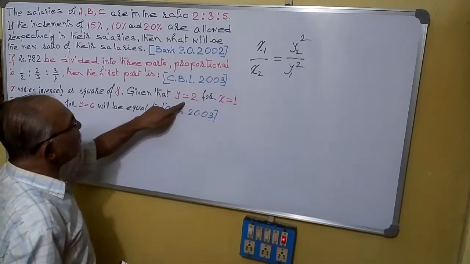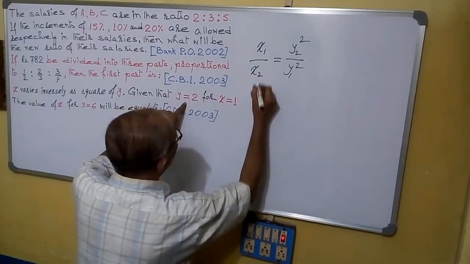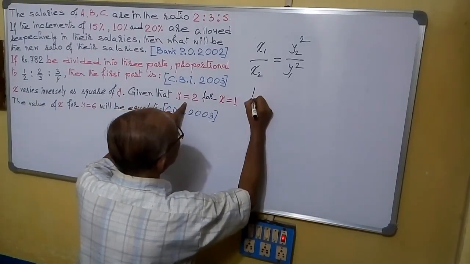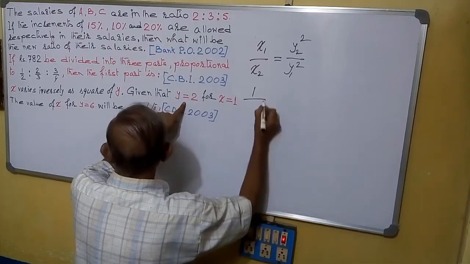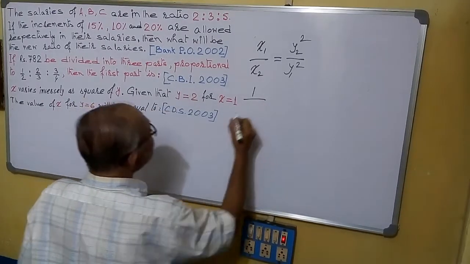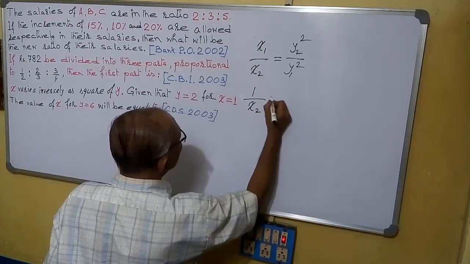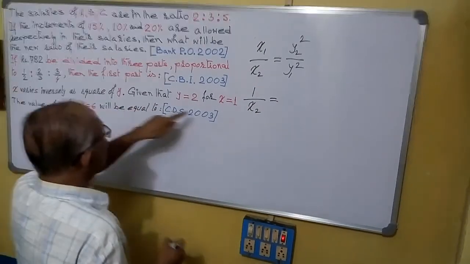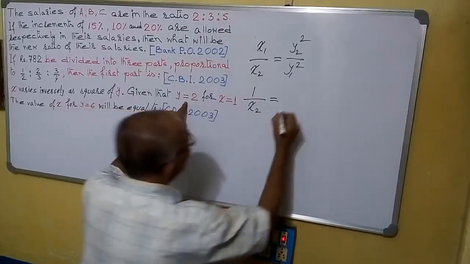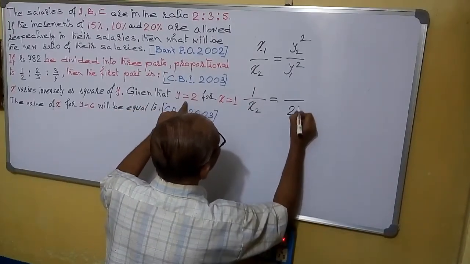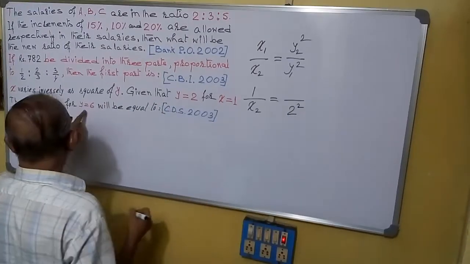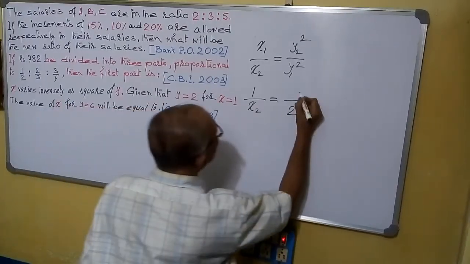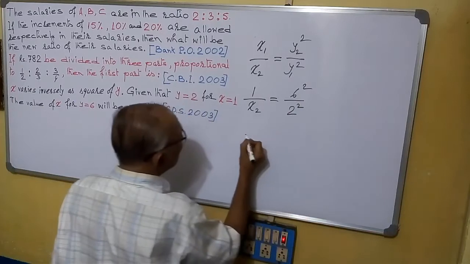Now given that y equals 2, x equals 1. That means x1 is 1 and x2 is what we need to find. y1 was 2, so it is 2 square, and y2 is 6, so it is 6 square.